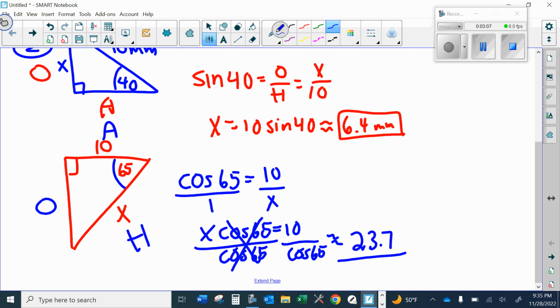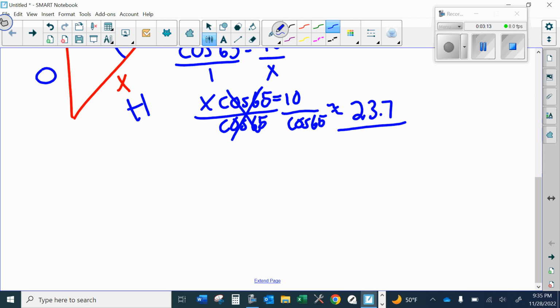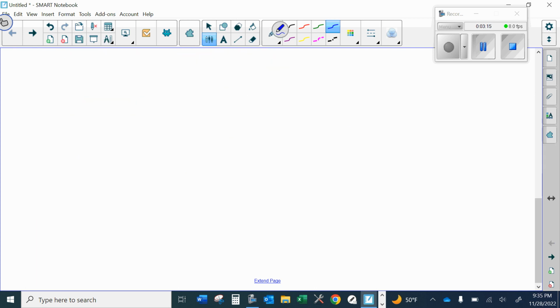And so if you use sine, now you use cosine, and of course we would expect to use tangent next. Okay, so let's say they say 70 degrees. So that's x, and this is 15.